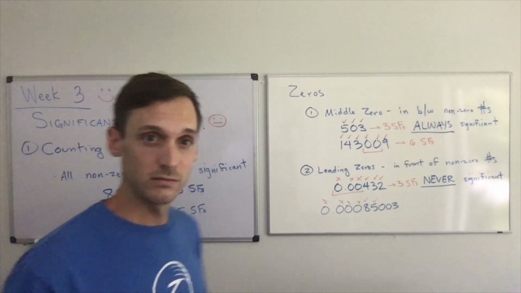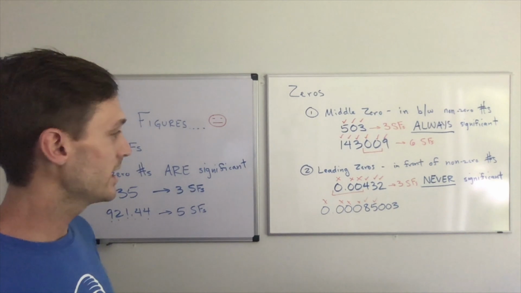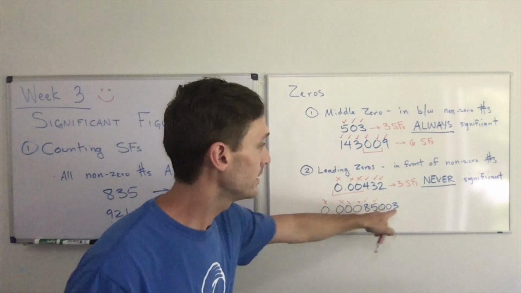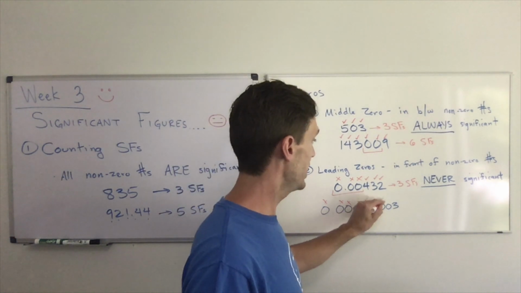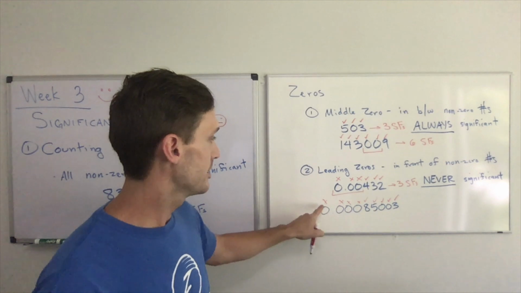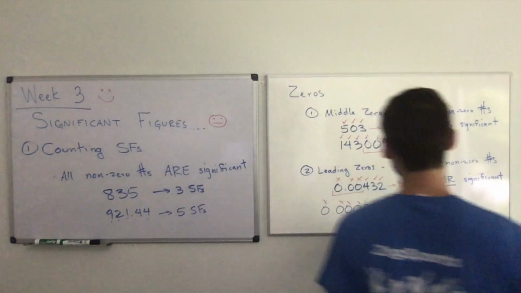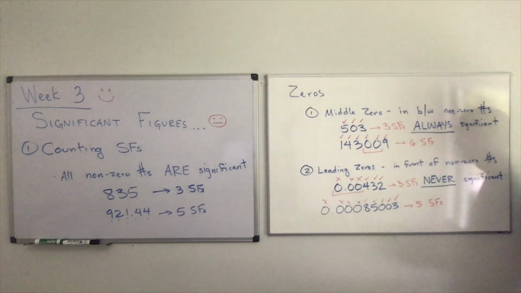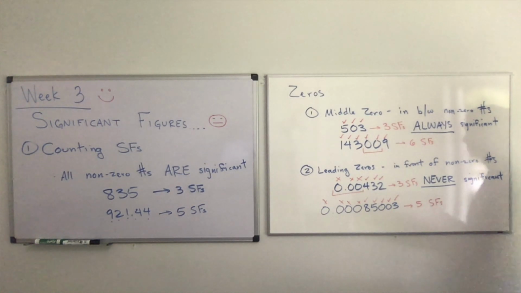Hopefully you can just tell what type of zeros they are. Those are middle zeros because they're in between the non-zero digits, so they are significant as well as that 3. So leading zero is not, then we have 5 significant figures afterwards, so we would have 5 significant figures total.